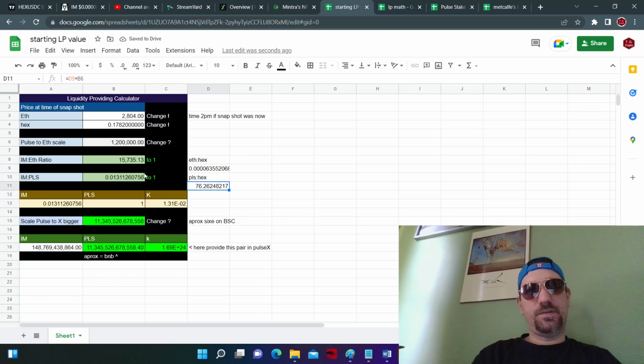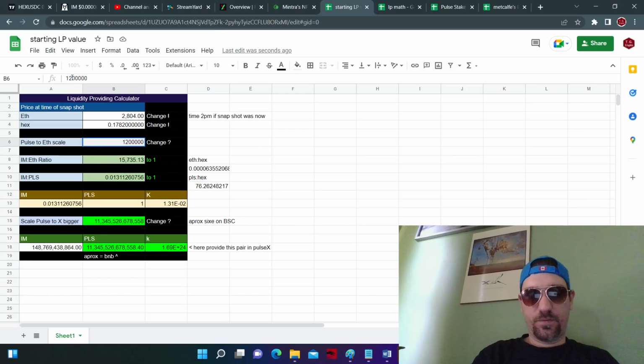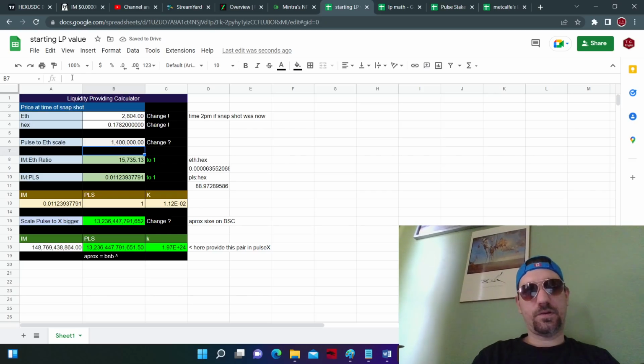So if the increase in supply is 1.2 million, this is how many Pulse should be to hex when the snapshot happens. Now I've heard some different numbers. This is what Richard Heart says. If it's K for K, 1.4 million, that's how it affects the starting ratios. That is as simple as it is.